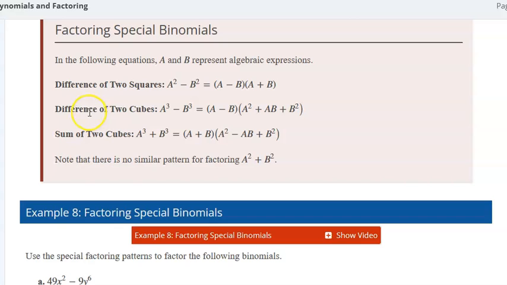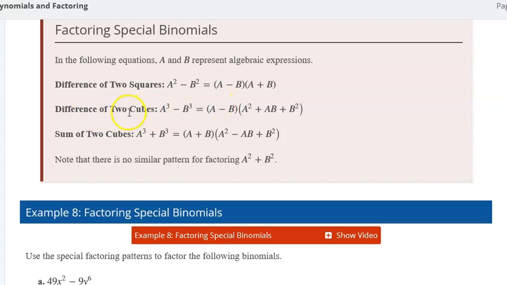Now, there's also a difference of perfect cubes that factors into something that I will go over with you shortly, because we didn't do that. And then the sum of two cubes. And then we're also going to later factor perfect square trinomials into their binomial squares.